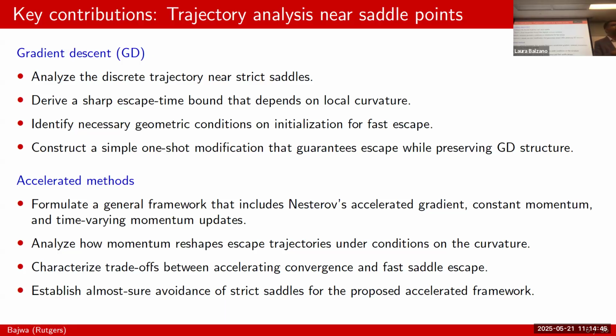So if you, for example, do Nesterov, whereas gradient descent is going to go down the objective function, if you look at Euclidean distance, it doesn't decrease monotonically. There is a Lyapunov function under which it is monotonic, but finding the right one for our analysis is one of the major challenges. And we'll try to characterize the trade-off between escape and convergence, and also look at almost sure avoidance for general non-convex problems. So that's the thing that we are going to cover.